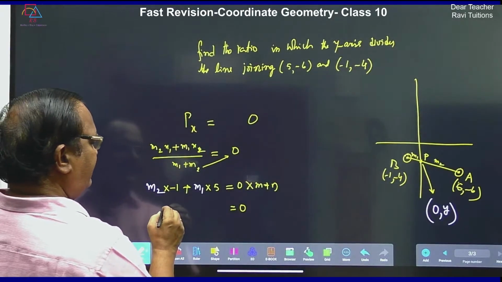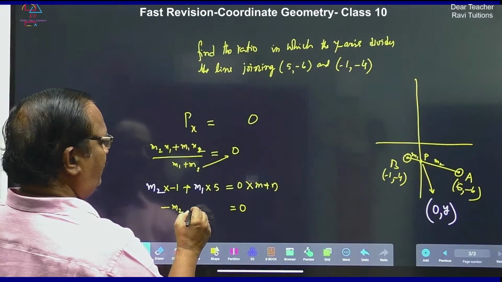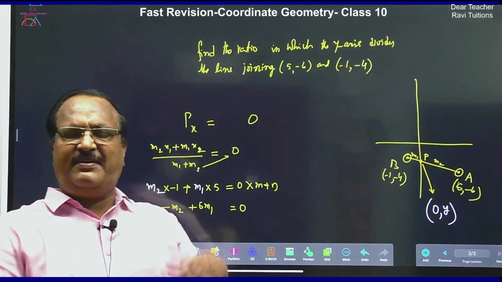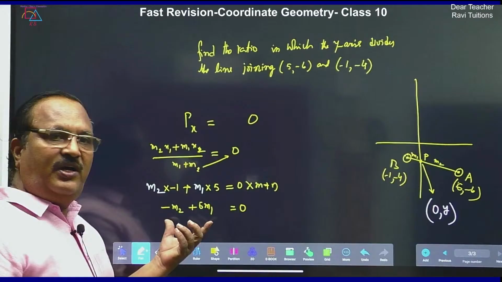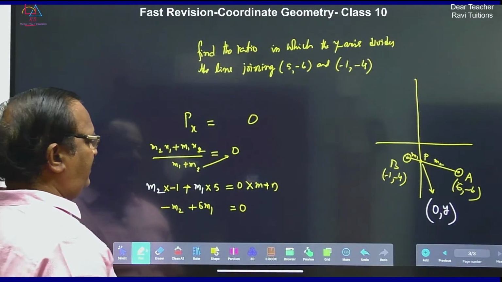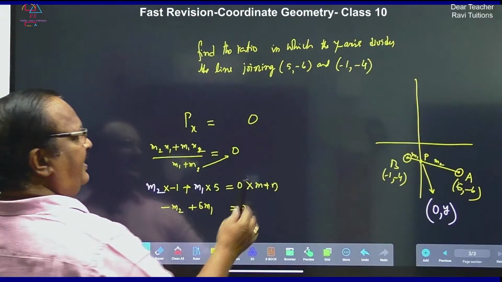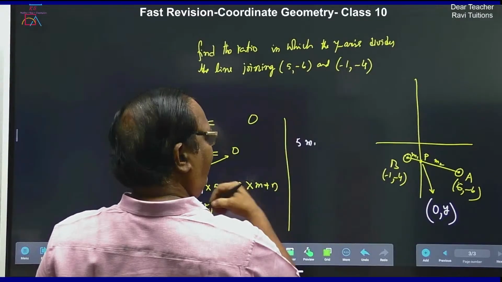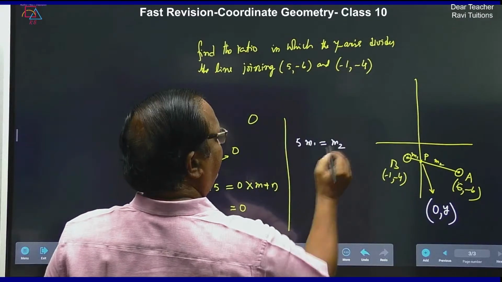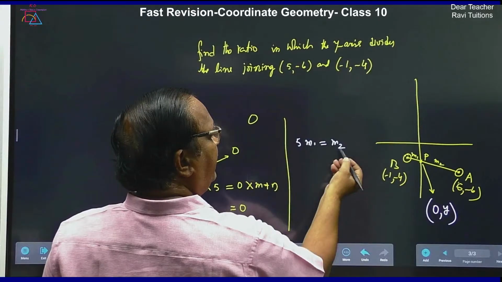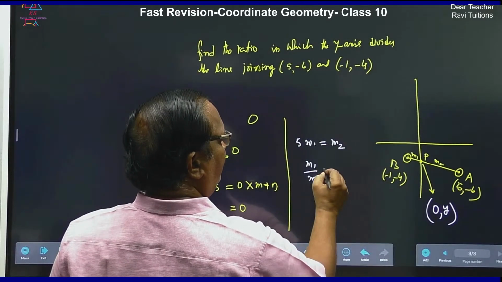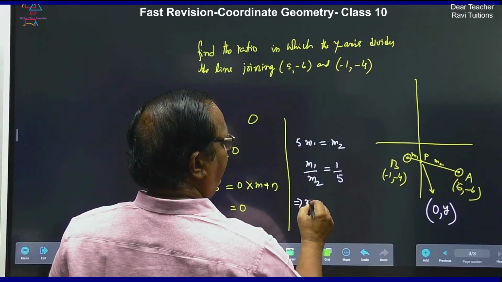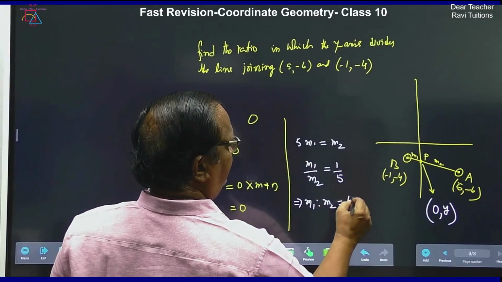So minus M2 plus 5 M1 is equal to 0. Everything got eliminated and we got only M1 and M2. Keep M1 on the left hand side and send M2 to the other side. Bring M2 here, M1 by M2 is equal to 1 by 5. That implies M1 is to M2 is equal to 1 is to 5.